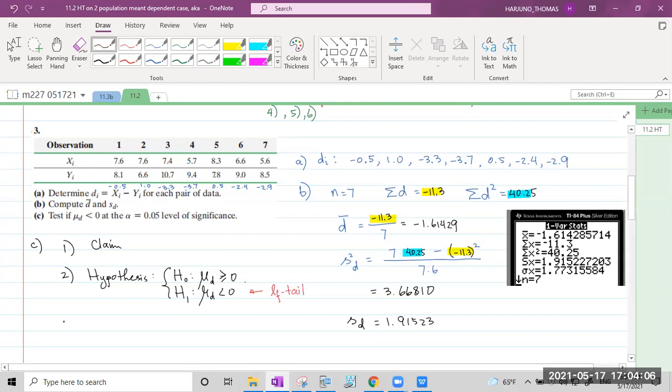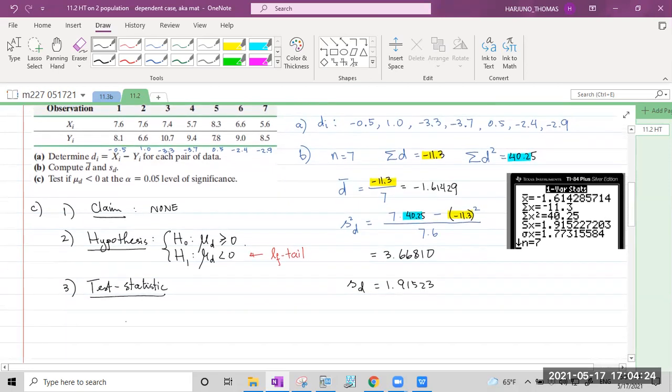Now, step 3, test statistic. T equals to the D bar, negative 1.61429 minus mu D, 0, over sample standard deviation 1.91523 over square root of 7.